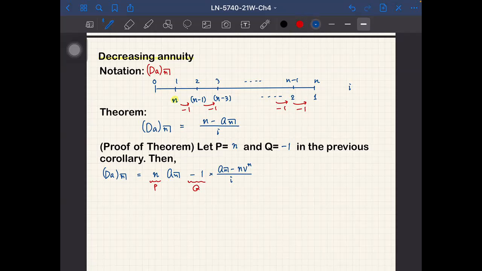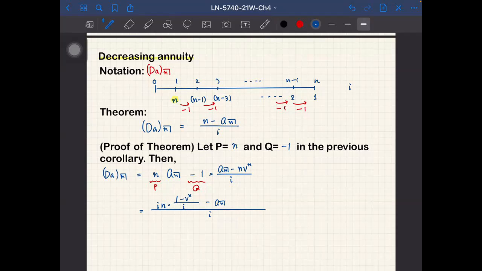So we can do some algebra. We put i in the denominator, so the numerator becomes i times n minus a_angle n, but a_angle n is equal to (1 minus v to the power n) over i, and then the minus (a_angle n minus n times v to the power n).